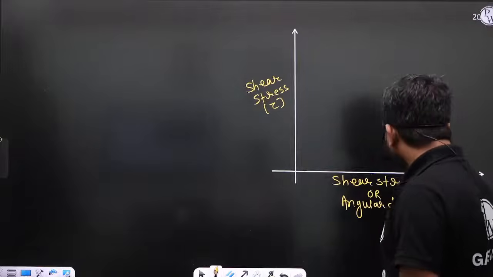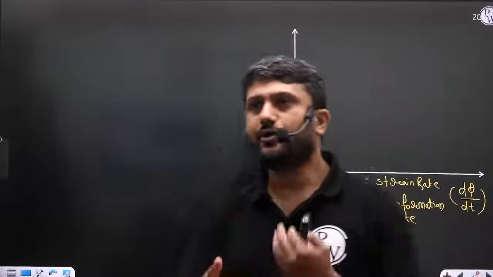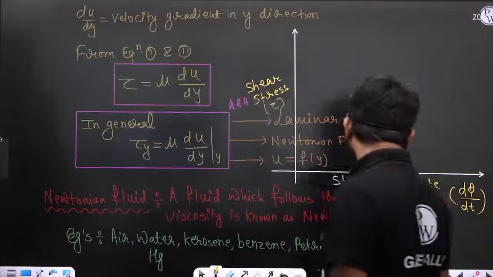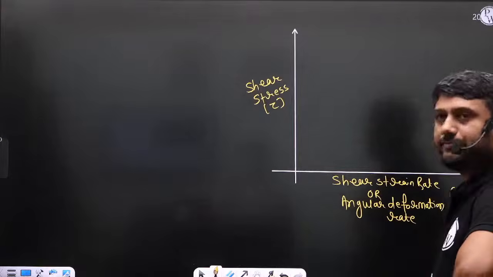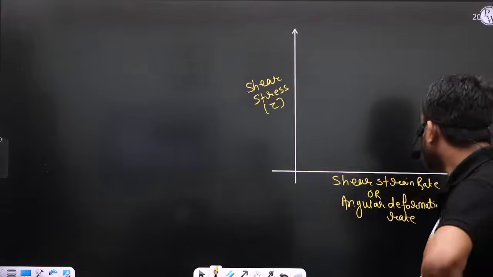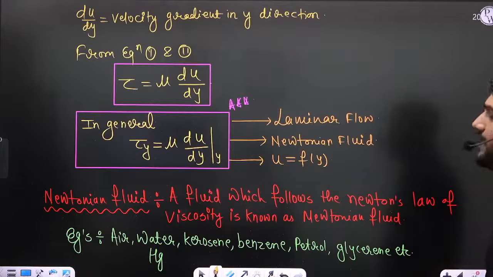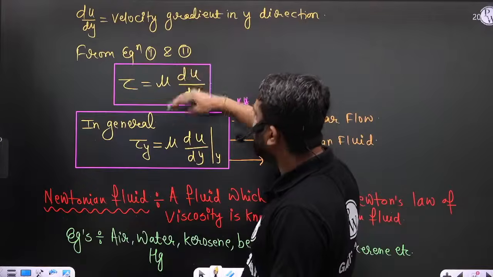Are you able to draw the graph for the Newtonian fluid in this shear stress versus shear strain rate plot? Yes, we can draw it. This equation is like y is equal to mx.